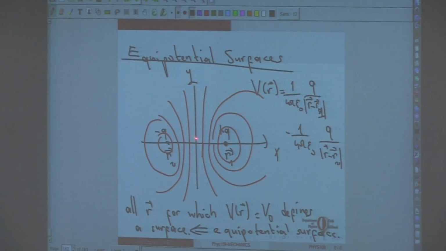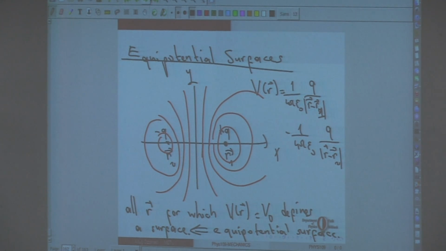So if you look at here, the change between this potential value and this potential value happens over a smaller distance than it happens over here. So it means that the electric field here is much larger than the electric field over there.